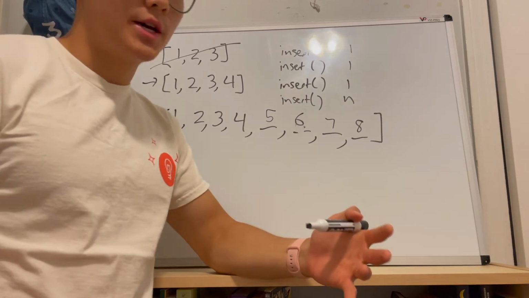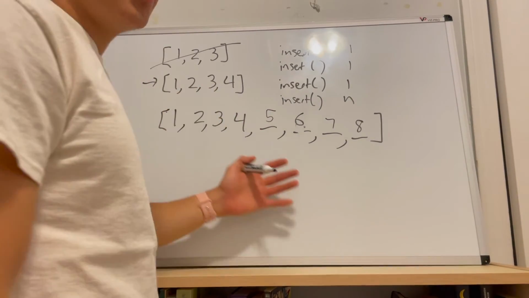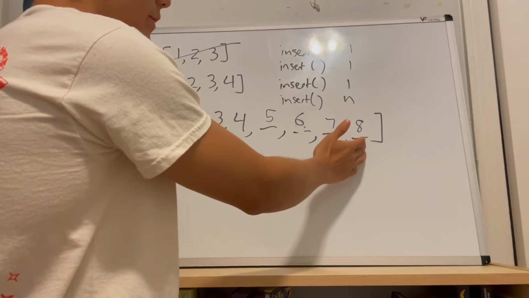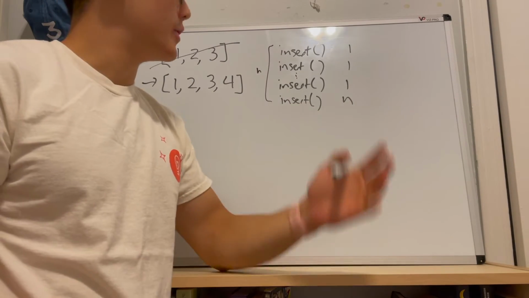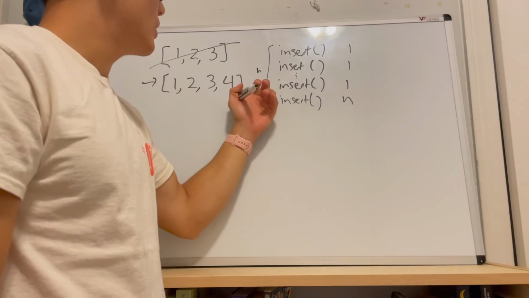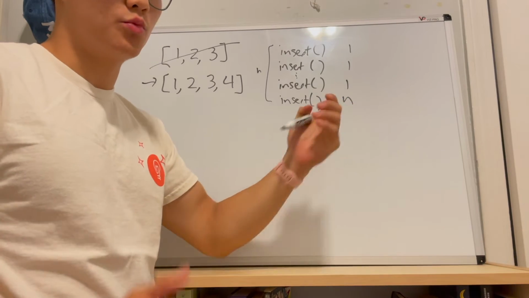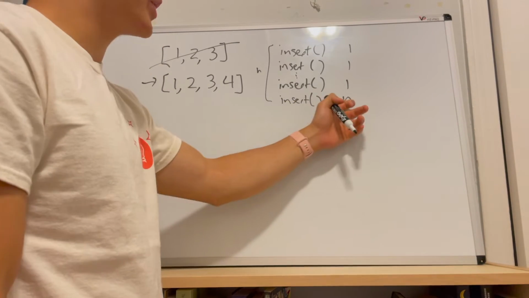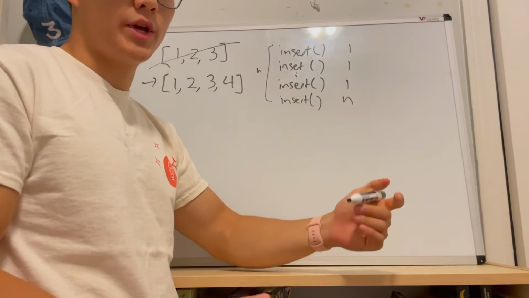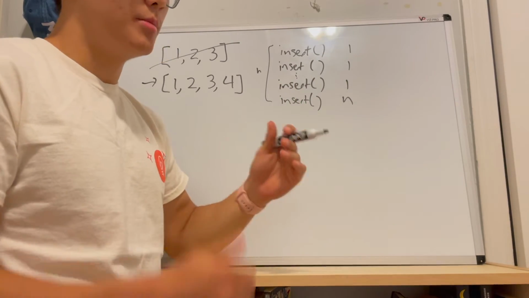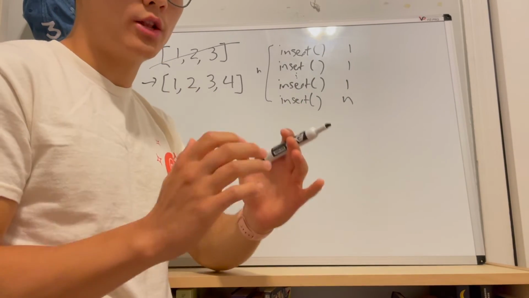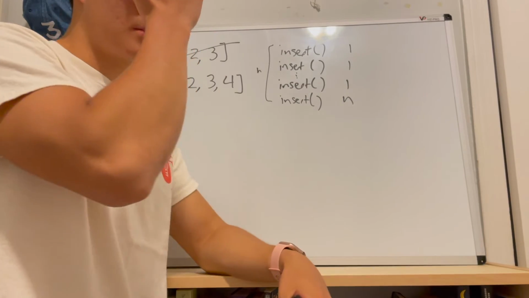This is where amortized analysis comes in. What do we realize? Like, we have an array of length n. If we call insert n times, we're guaranteed that this bad case only happens once. There's no way we're going to have more than one array doubling within n times, because every time we double, we allocate n extra space.